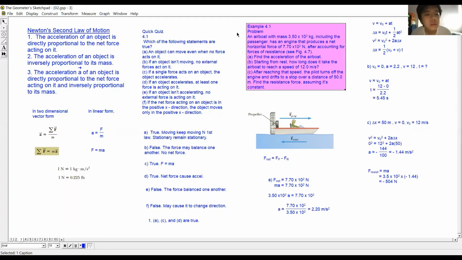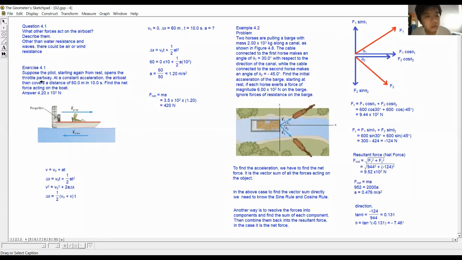So this one is the same case. Suppose the pilot, starting again from rest, opens the throttle. At a constant acceleration, the airboat then covers a distance of 60 meters in 10 seconds.